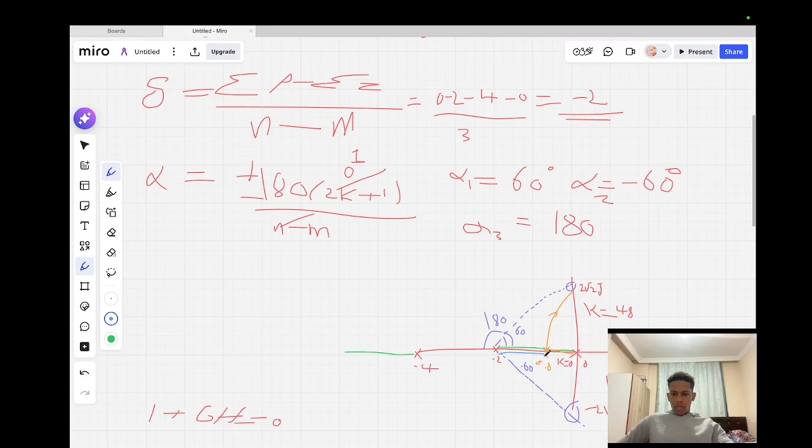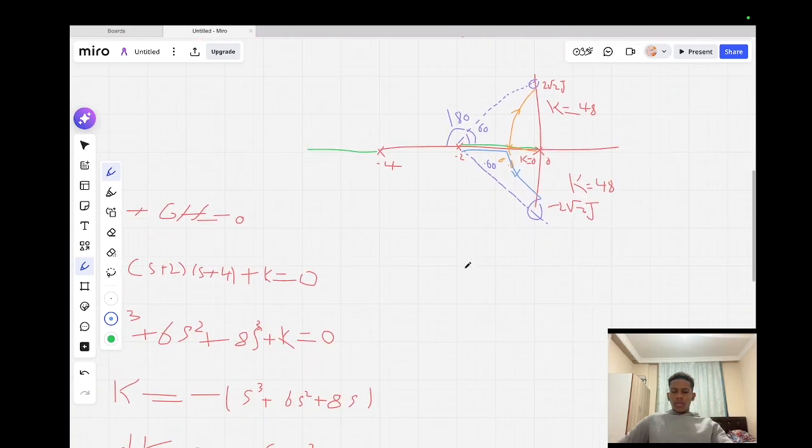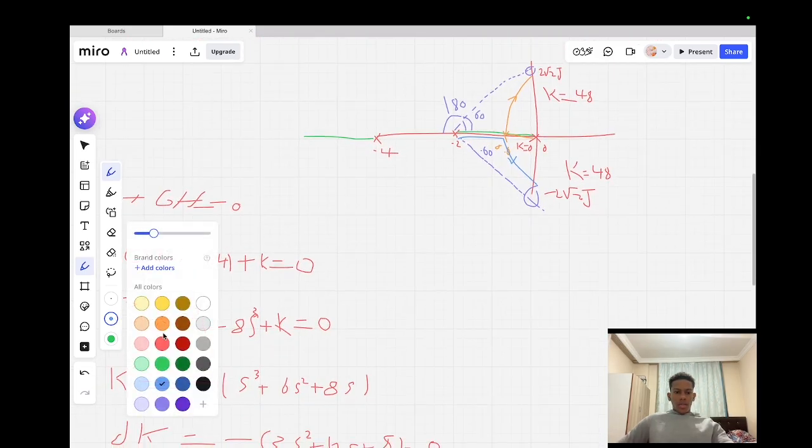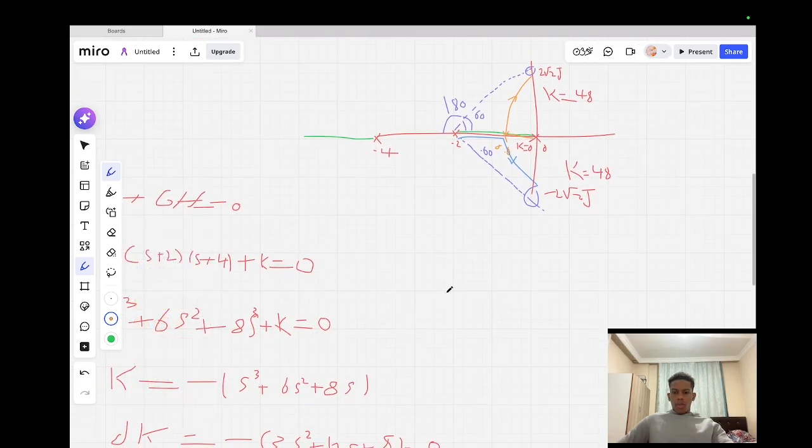And here the second branch. So the final root locus is drawn like that.